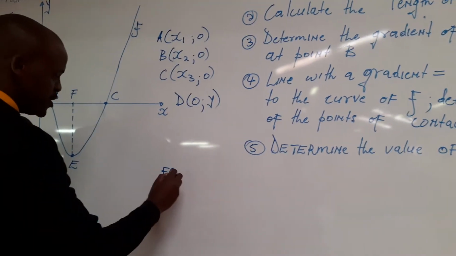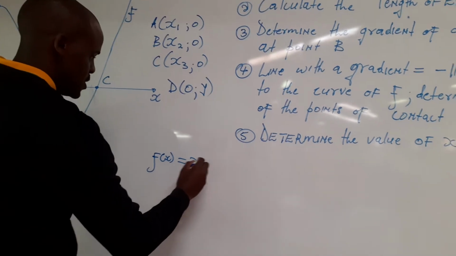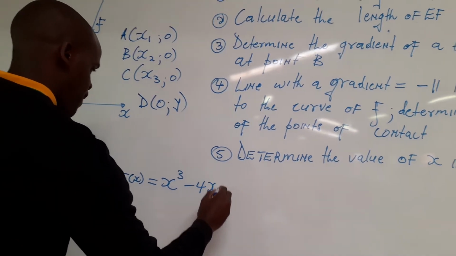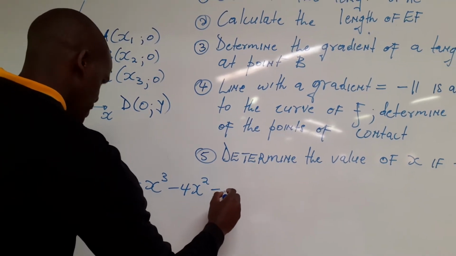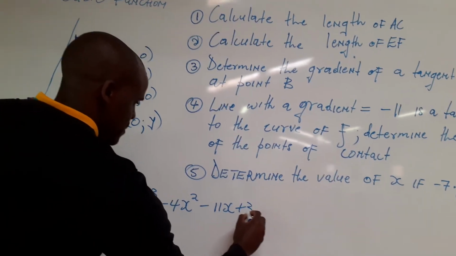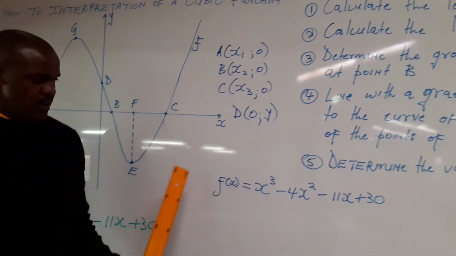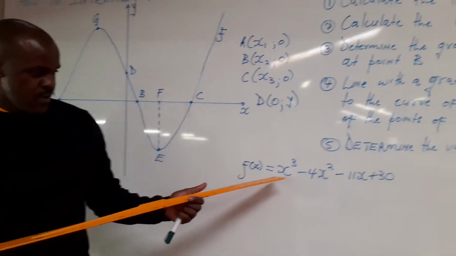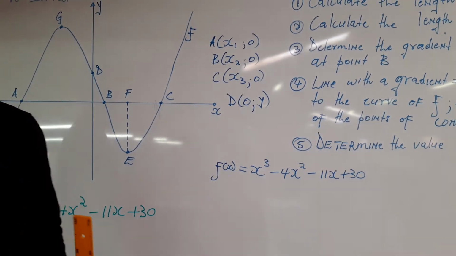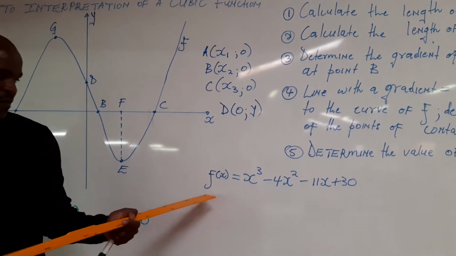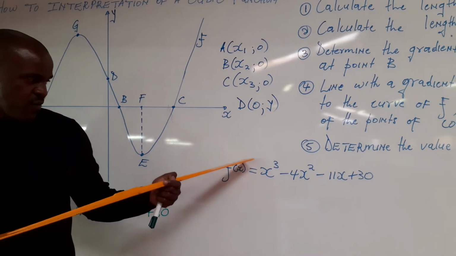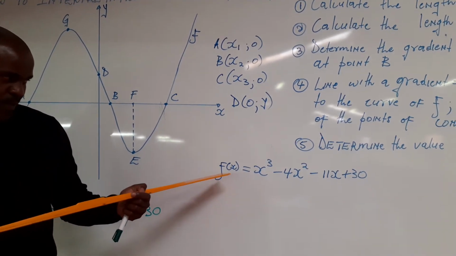Our given equation is f of x equals x cubed minus 4x squared minus 11x plus 30. In order to find the x-intercept, we let y be 0.